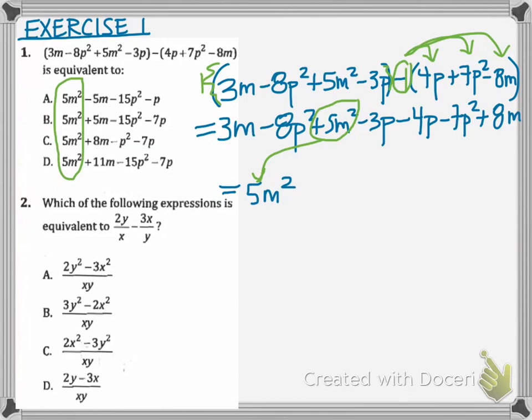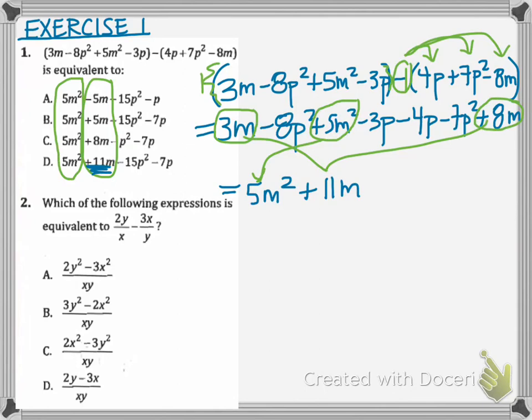Next I see they have the m next, so I'm going to locate all of my terms that have just m. I have 3m and I have 8m. So if I combine those, I'm going to get +11m.